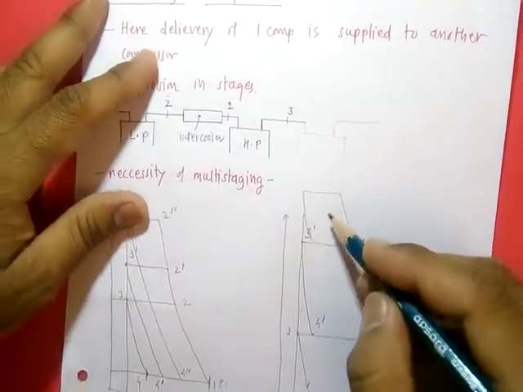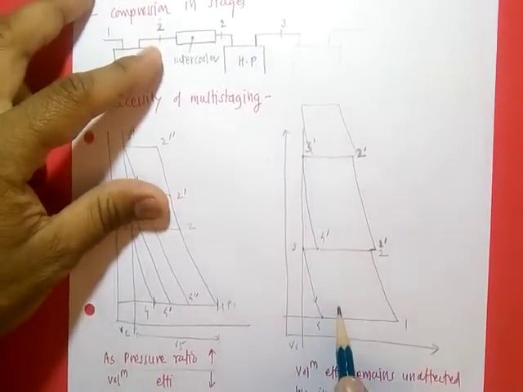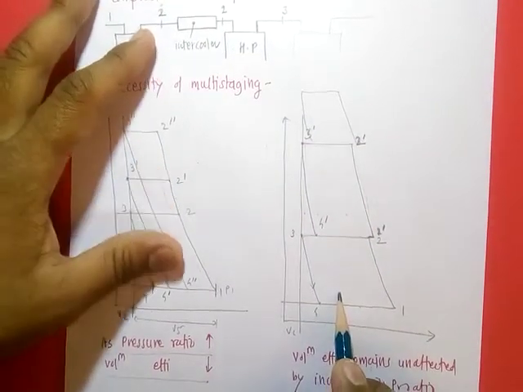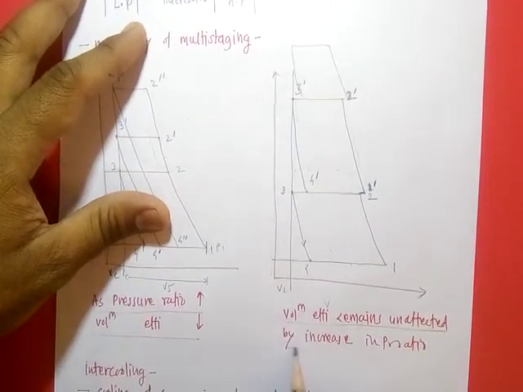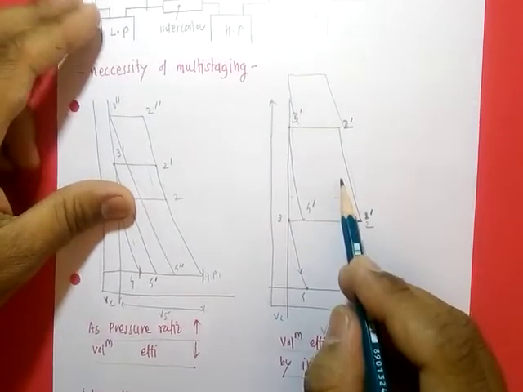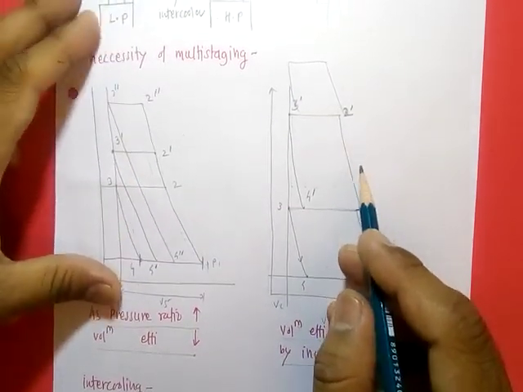But increasing this pressure ratio or pressure of the cycle is not affecting volumetric efficiency here. So volumetric efficiency remains unaffected by increasing pressure ratio. So this is the first advantage of multi-staging.